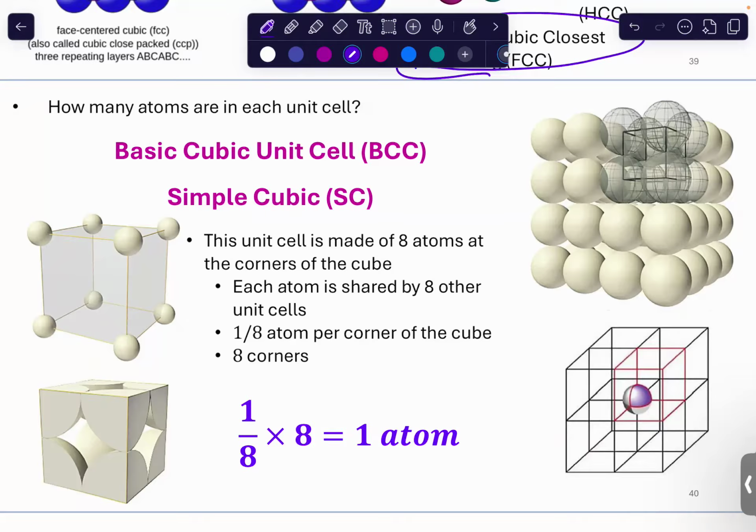What you notice is that that atom is shared between eight different unit cells, which means that each unit cell is only going to get 1/8 of an atom. And so if I'm asked how many atoms are in the basic cubic unit cell, I have 8 corners, each with 1/8 of an atom. So altogether, that's just one atom in the unit cell.